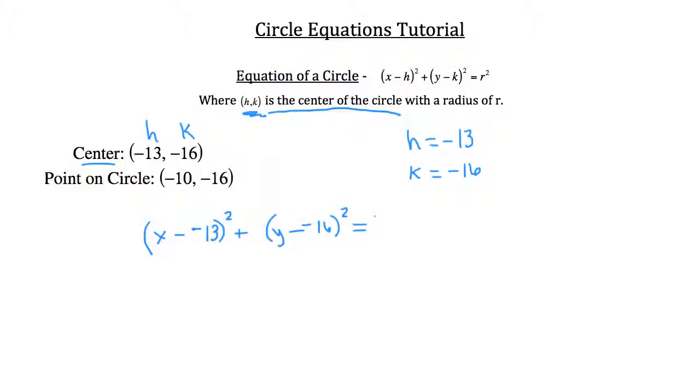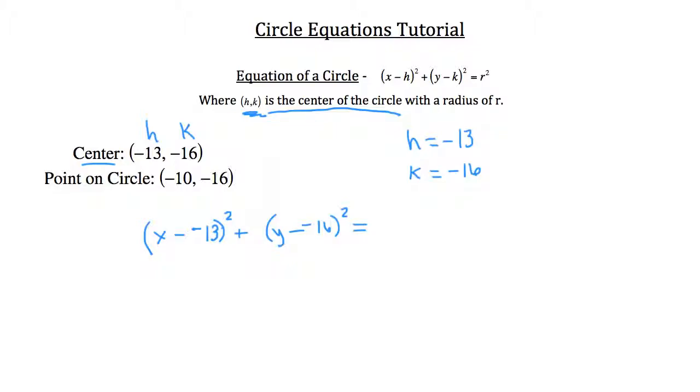Well, to determine our radius, we can look at the point on the circle there. If our center is at negative 13, negative 16, and the circle point is at negative 10, negative 16, you'll notice that their y-coordinates are the same, negative 16. And the difference between their x-coordinates is 3.